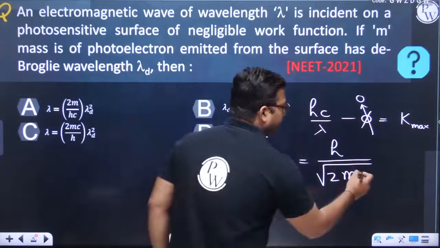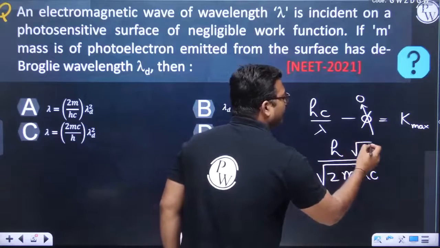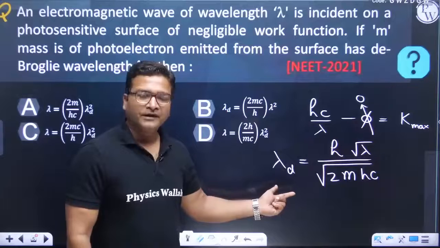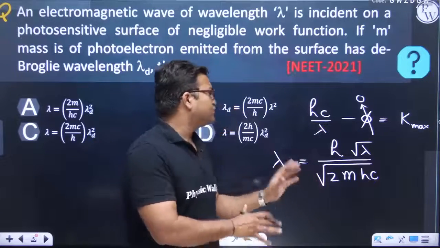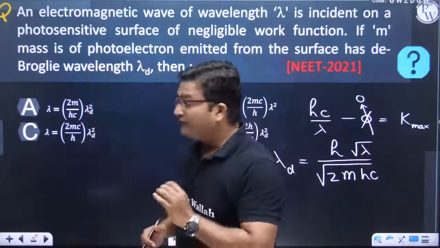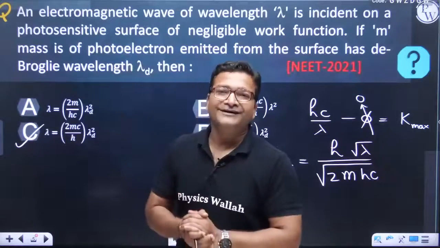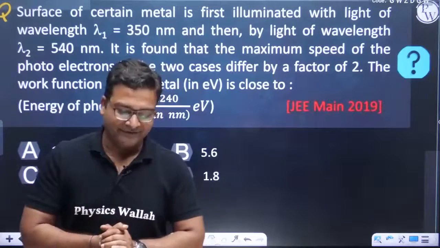So we can write hc by lambda, so the square root of lambda goes in the numerator, and this is the de Broglie wavelength. If you manipulate this and check the answers, you will find the correct relation is C. So C is your perfect choice. Okay, let us see what we have next.